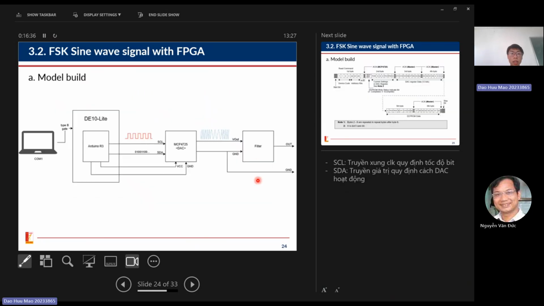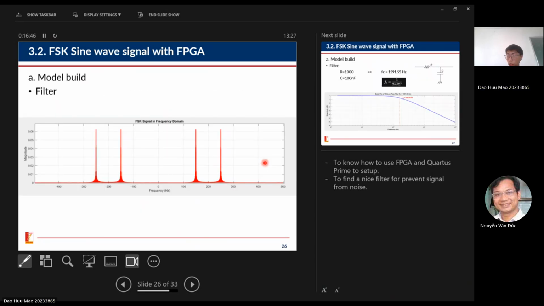You also see in our model that we have one block called filter. So why do we need a filter? Here's what the FSK signal in my lab we proposed before. But that is just an ideal signal. In the real signal we have many sources of noise here, or in here.